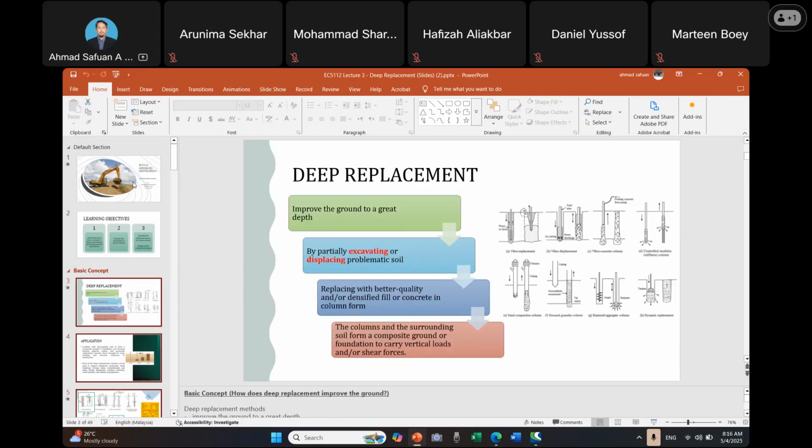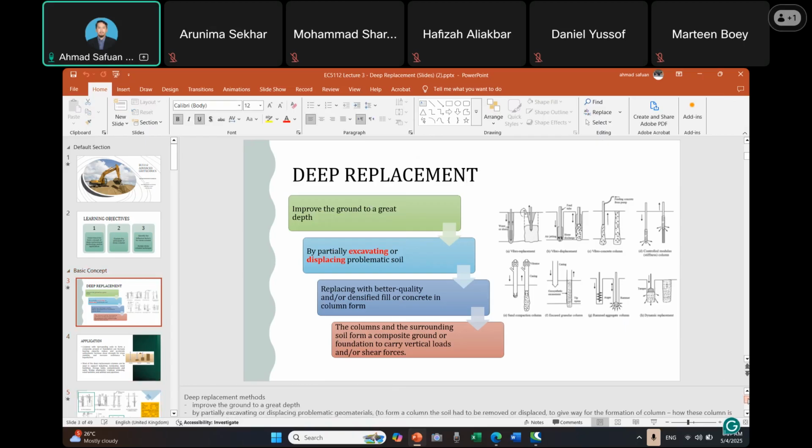So this is the concept of deep replacement. How does deep replacement improve the ground? Deep replacement methods improve the ground to a great depth.